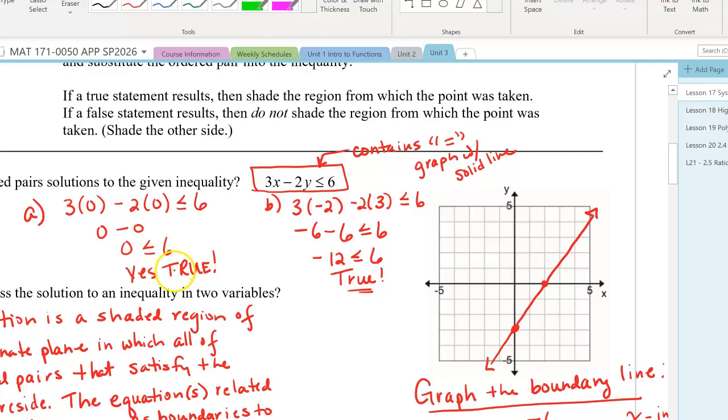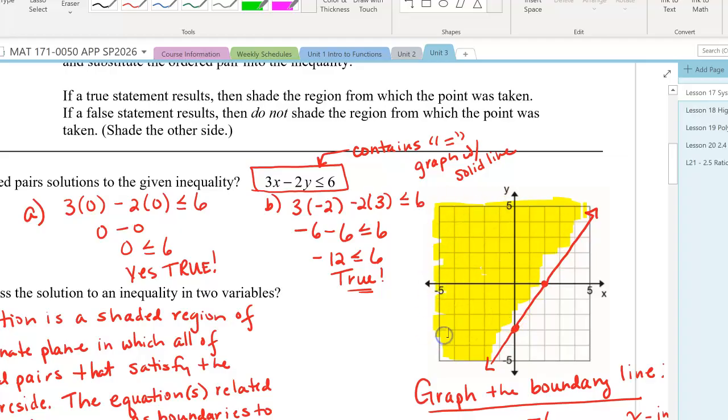So 0, 0 worked, it's over here. -2, 3 worked, it's over here. And if any point on this side of that line works, they all do. So the solution is going to be the shaded region above the line, or on this side of the line.